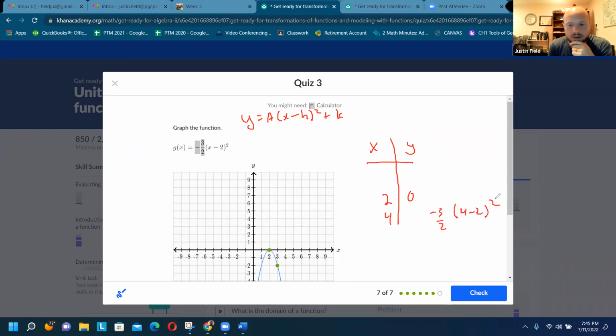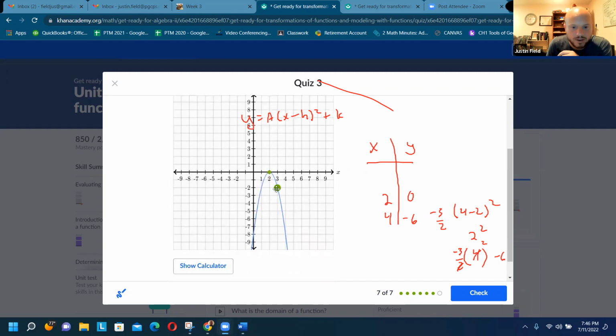I think it's going to be just fine. That would be 2 squared, which is 4. So 4 times negative 3 halves is going to be negative 6. So that would make one of the points on the parabola (4, -6). So let's graph that.